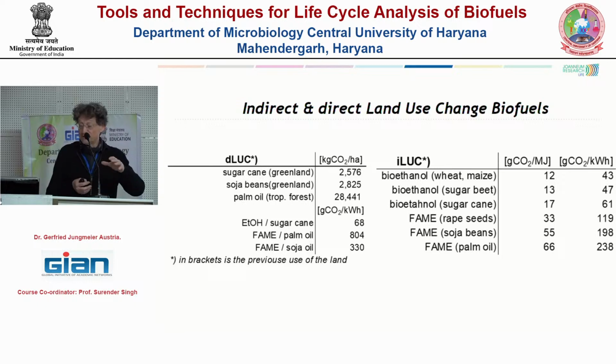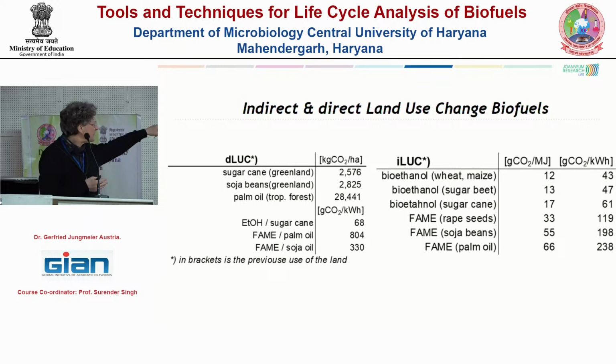And if you put that directly on the amount of biofuel that can be produced in the first year, if you put all this burden on the biofuel produced in the first year, you end up with figures of 370, 800 grams CO2 equivalent per kilowatt hour. So this is really a very high value. Gasoline and diesel have 250.